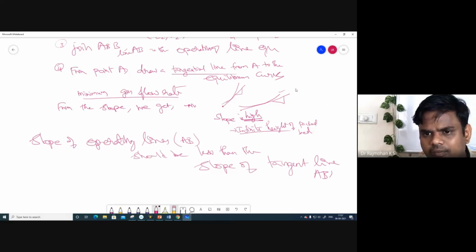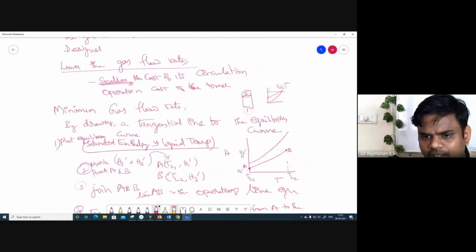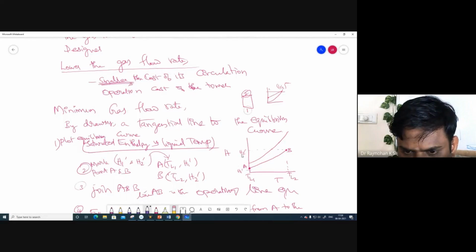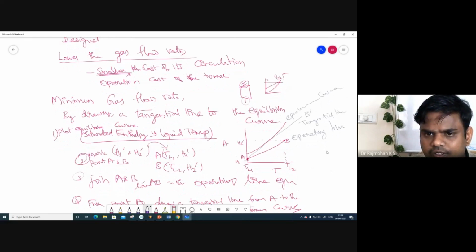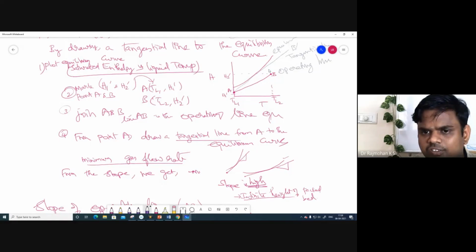AB is our operating line, and we draw a line tangent to the curve, moving the scale until it just touches. So AB dash is our tangent line. This is our operating line, and this is our equilibrium curve. That's why we want to operate this way.